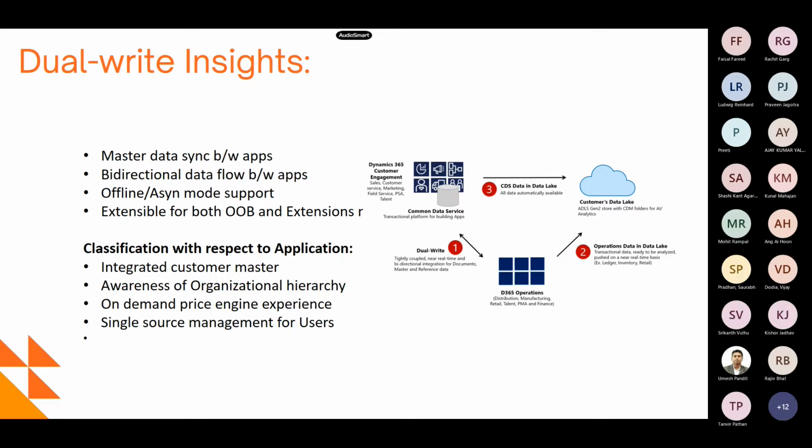It is an out of the box feature, and also supports custom entities that we have as extensions in customer engagement. From the application point of view, it can easily integrate customer master data, explain organizational hierarchy, as well as provide a single source of management for all users. So these are the key points for why we should opt for dual write.